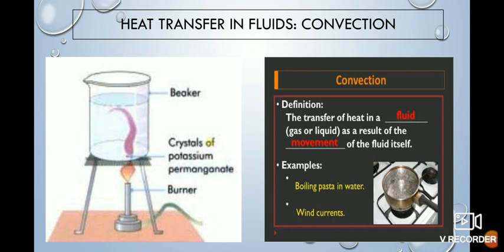Here in convection, heat transfer takes place due to the movement of the molecules. The molecules actually move in order to transfer the heat. Examples of convection are boiling water, and also wind currents or ocean currents.